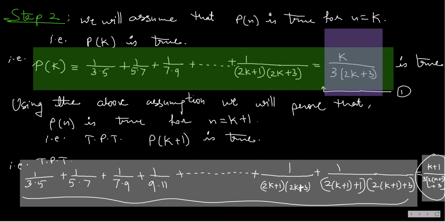We have proved if P of n is true for n equals k, then P of n is true for n equals k plus 1. Okay, very essential part of the principle of mathematical induction, that is step 2.